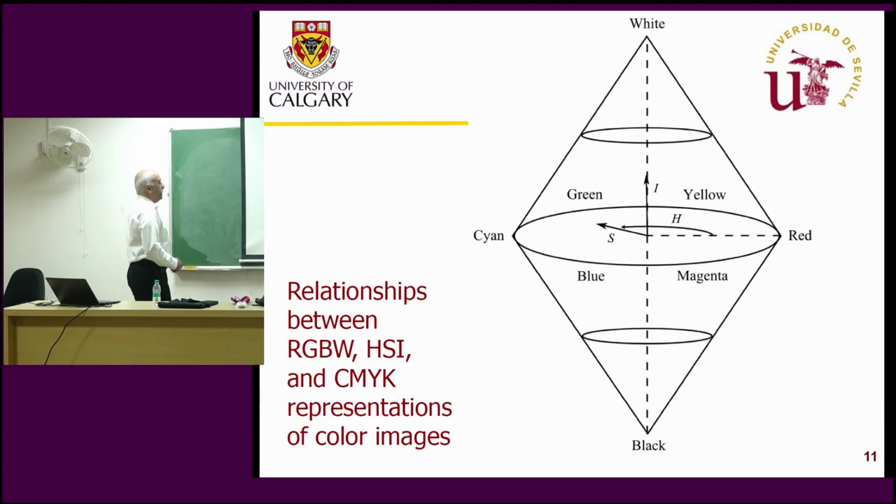Now it is better perhaps to represent using the dual cone model here, where HSI values are used. Here, intensity is this vertical axis going black to white. When there is no light, you can't see color. So no point in showing this. You could also show this as a cylinder if you want.